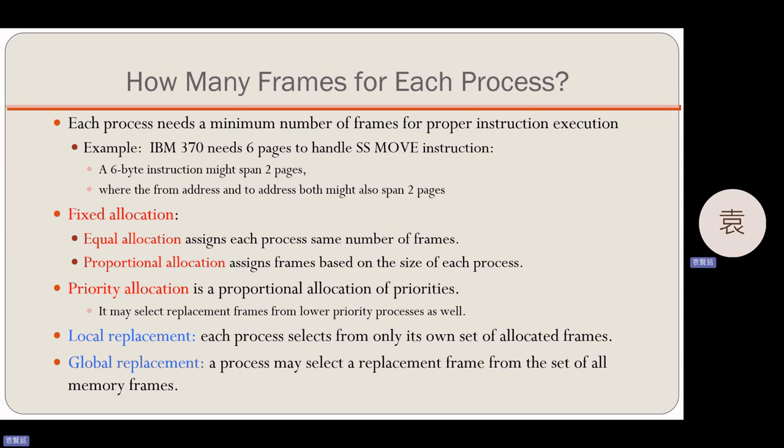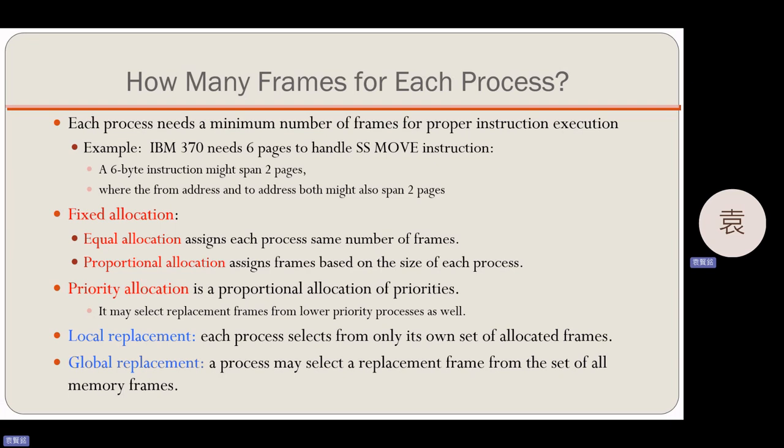Okay, so that depends on the victim you selected to replace. If the victim came from your own frames, then it's local replacement. If the victim frame can be selected from another process, then it's global replacement.